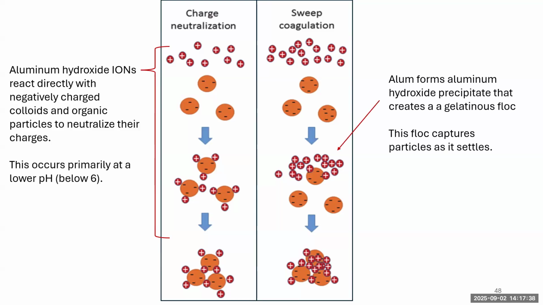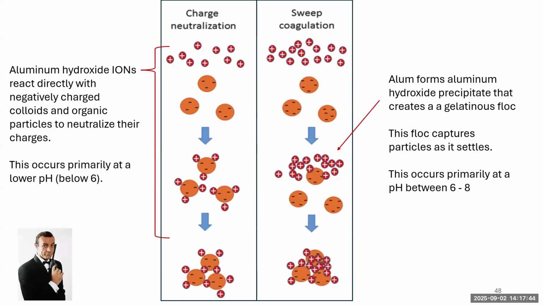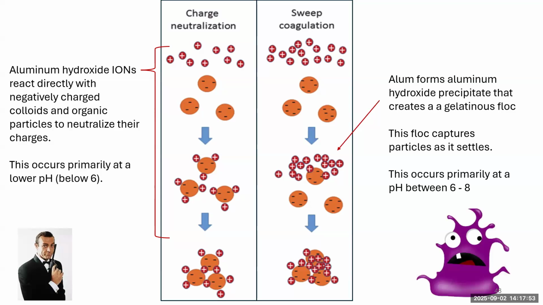It captures particles as it settles, and it occurs primarily at a high pH, but there's some overlap. And so I think about these two as like the individual person going out and neutralizing these enemies, and the sweep flocculation is more like the blob that just captures everything in its path.